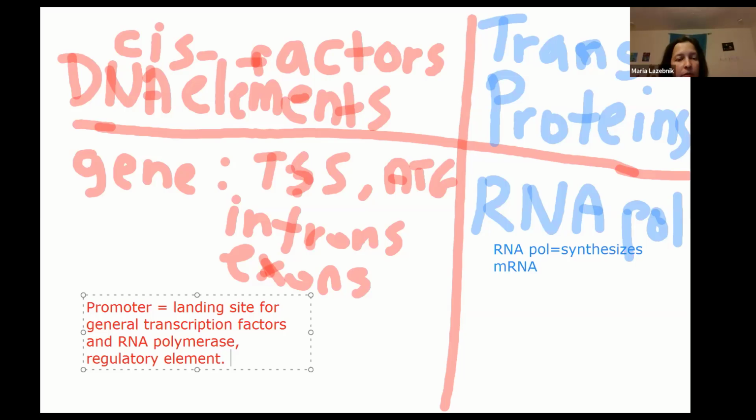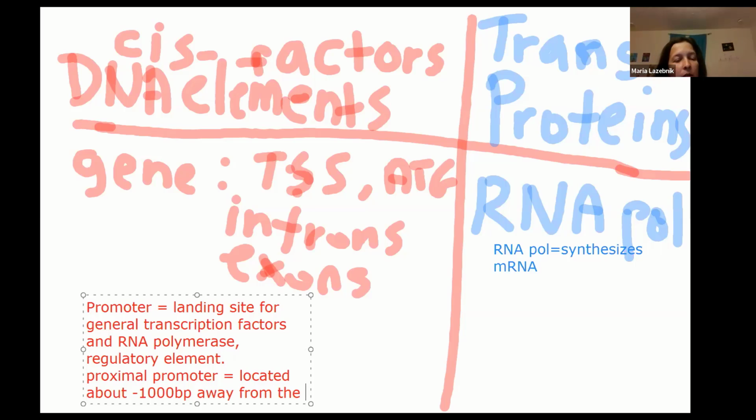So we must distinguish between the proximal promoter, located about minus 1,000 base pairs from the gene. Its whole length is about 1,000 base pairs, and it's next to the gene.